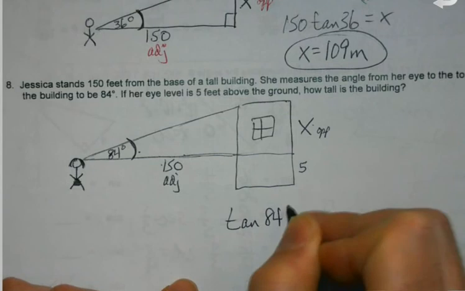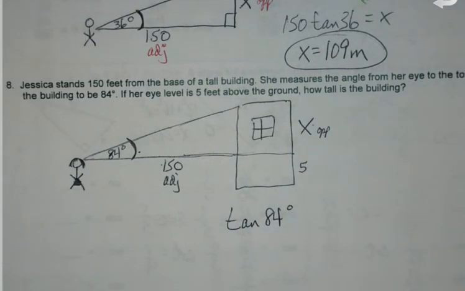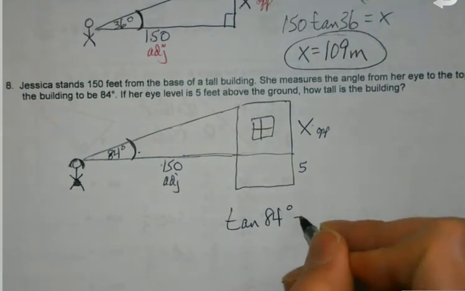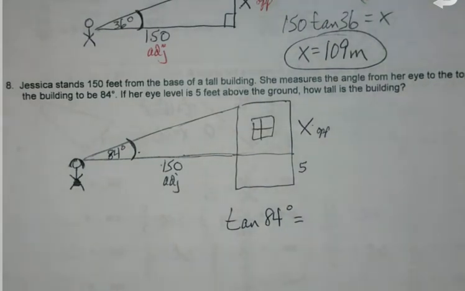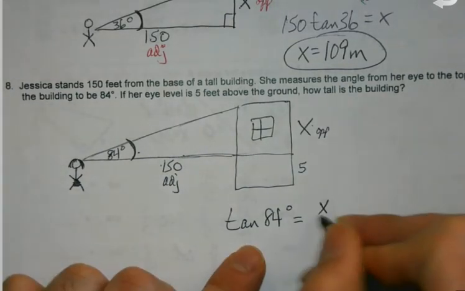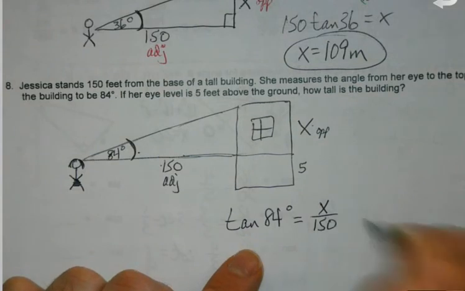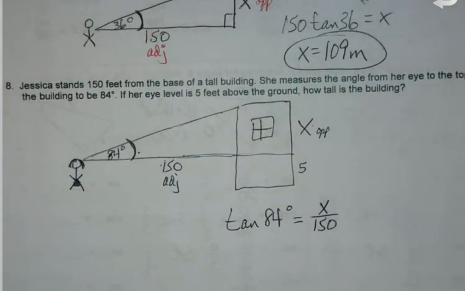I've got the tangent of 84 degrees, and I can do one of two things. I can either take her 5 feet into consideration right now, or I can wait a little bit. Normally I wait on this, just so I don't do something screwball. If I can figure out the height of the building, we'll be able to figure this out. So, I've got my tangent.